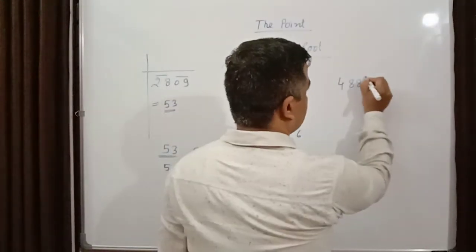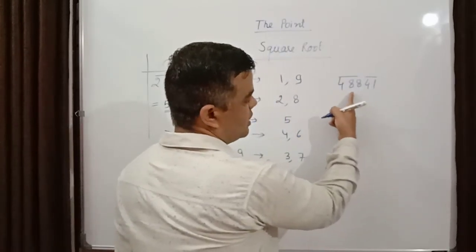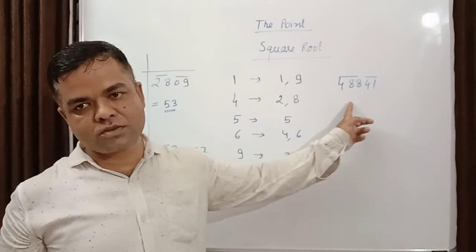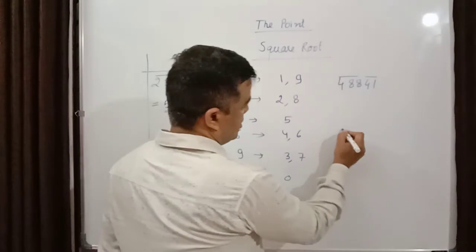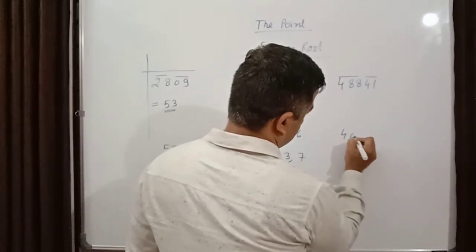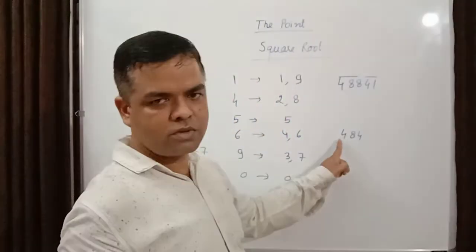Same method. You make the pair here. So 488. What is the nearest square? What is 22 square? 22 square is 484. So here the number is 488, so 22 is okay for us.